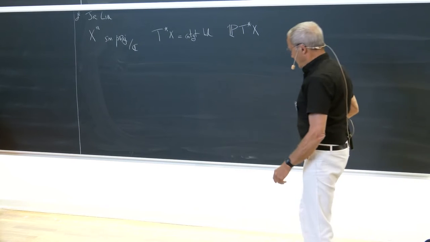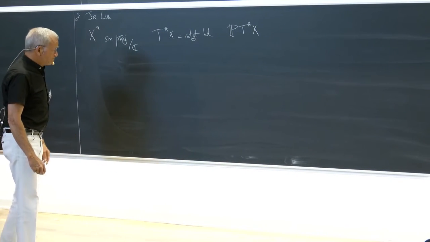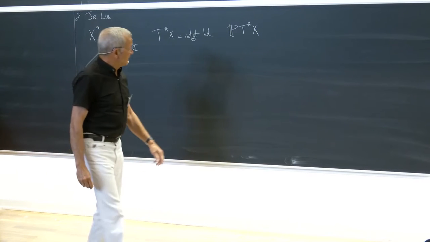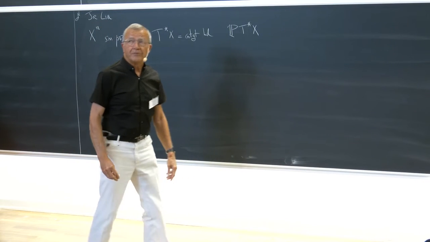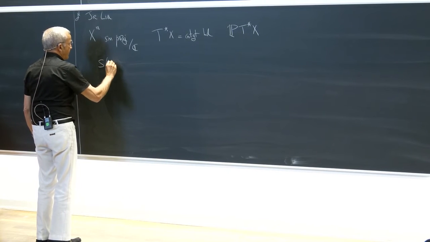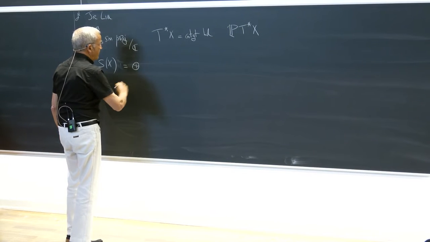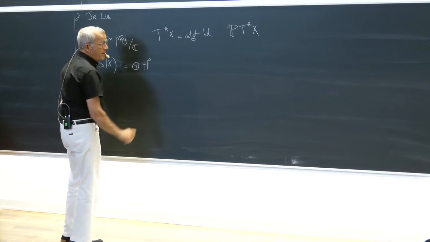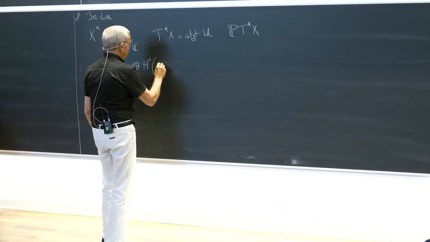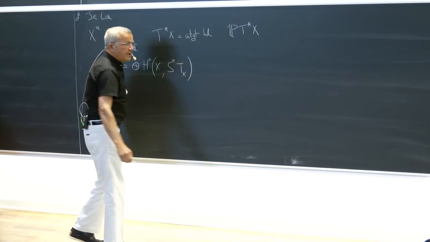I use a naive notation. I mean, this is really a sense of differential geometry. And the main character of the talk will be the algebra, which I will denote by S of X. This will be the sum of the symmetric powers of the tangent bundle.